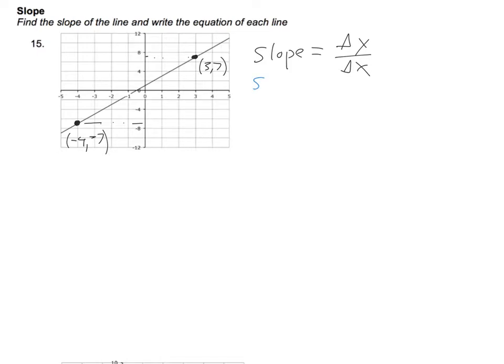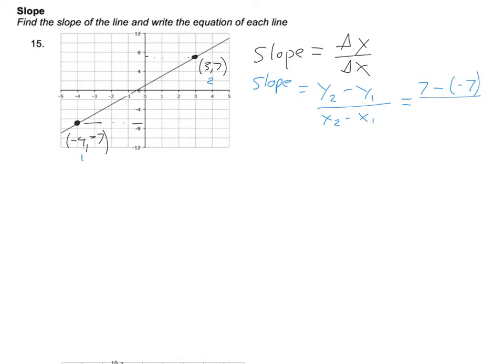So I'm going to say my slope here is the change in y, so y2 minus y1 over the change in x, x2 minus x1. Doesn't really matter what you pick for y2 and x2, but you do need to be consistent. So I'll say that this is point 2 here, this is point 1. So my y2 is 7 minus -7, y1.